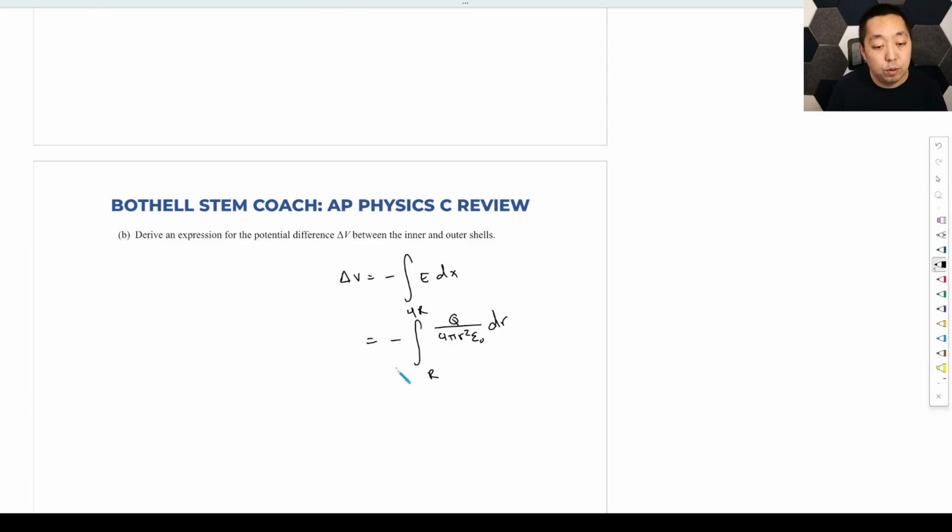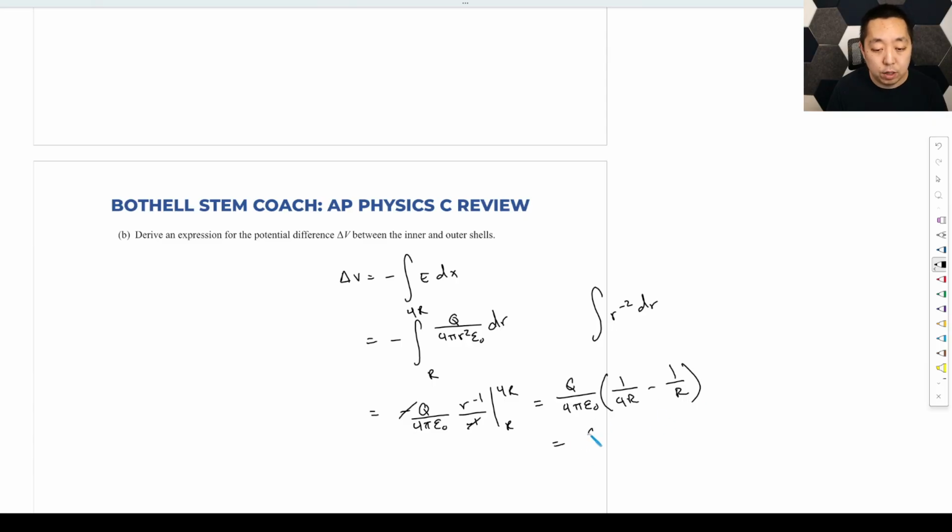So r to 4r. You can bring out the negative q over 4 pi epsilon naught, and you're really just doing the integral of r to the negative 2 dr. The power rule tells you it's r to the negative 1 over negative 1, from r to 4r. Those negatives cancel, and so this gives q over 4 pi epsilon naught times 1 over 4r minus 1 over r.